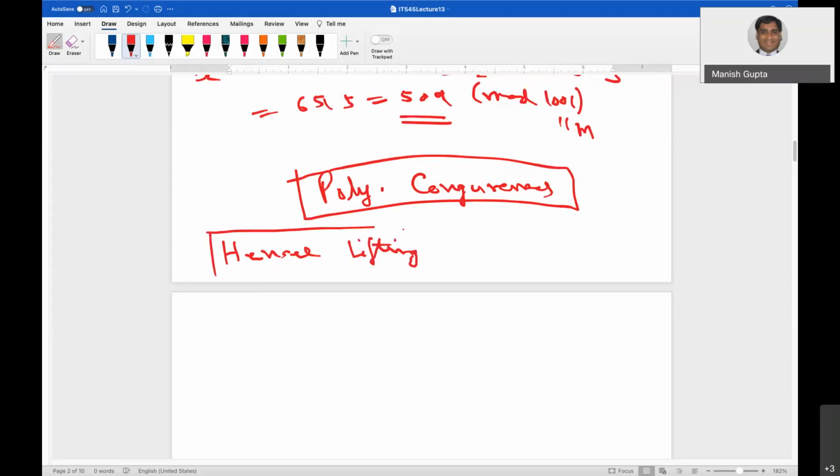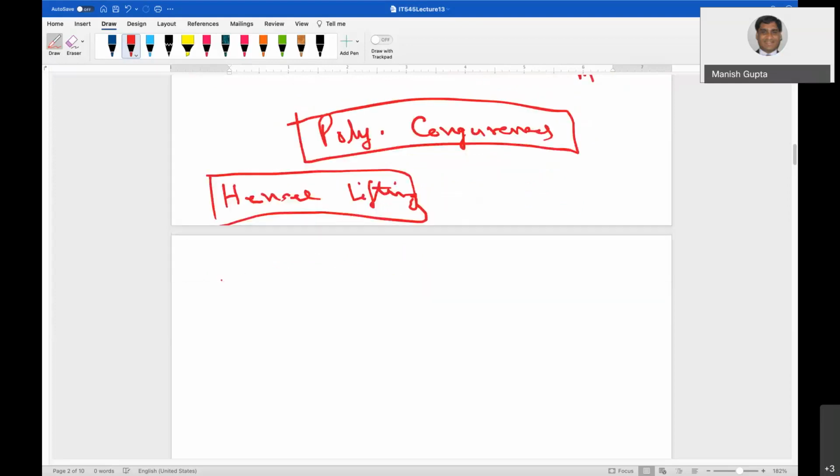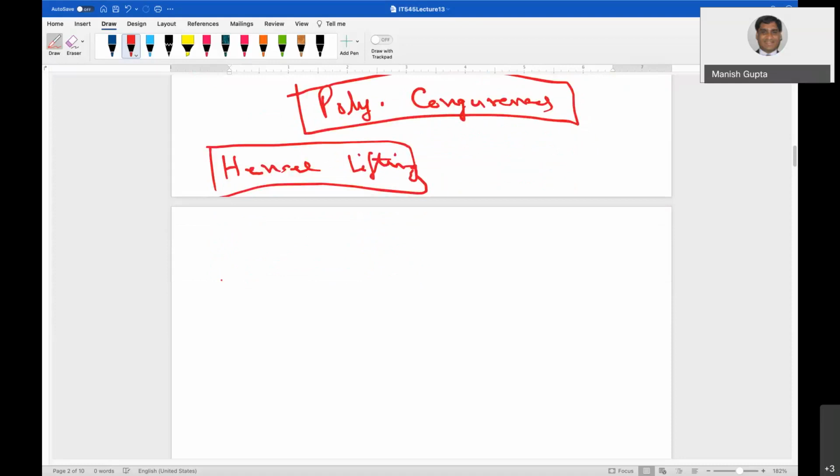Hensel lifting. So normally, Hensel lifting is used for this: if there is a polynomial given over some modular ring, I can find another polynomial whose roots are basically, we can lift the roots. So let me show you what that means.